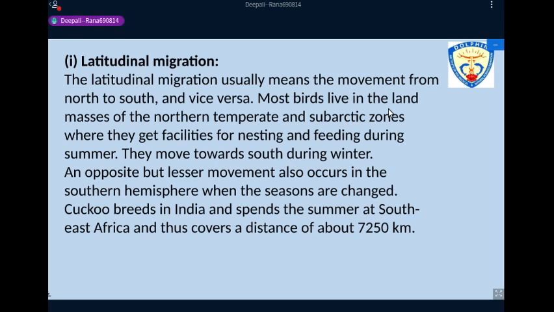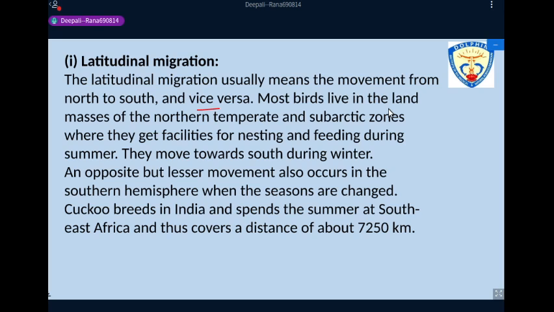So first of all, we are coming to the latitudinal migration, which usually means movement from north to south and vice versa. Okay, that means the migration will be according to the latitude.